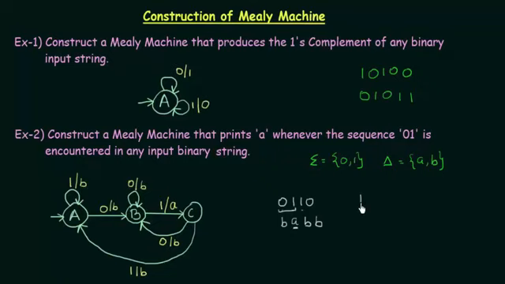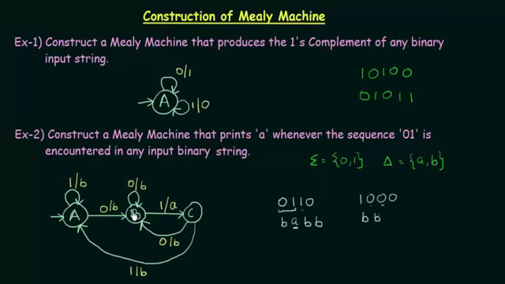Now let's check another string, 1 0 0 0. Here we don't have the sequence 0 1, so let's see what happens. Starting with A, on getting input 1 it goes to A itself and prints B. Then the next is 0. A on getting input 0 goes to B, printing B, and now we are in B and we get the third input, which is 0 again.